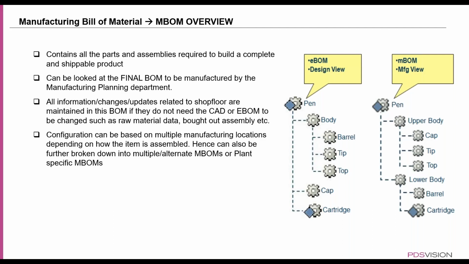But on the MBOM side, I have the flexibility to add things like consumables, and to add things like shipping material to that structure. So I make sure that I cover everything involved in the building of this, so that when the supply chain gets this bill of material, they have everything we need to actually manufacture this particular product.